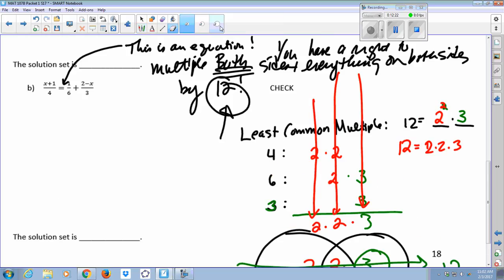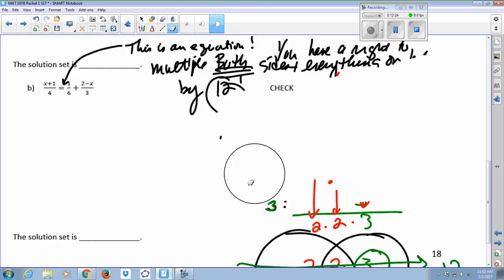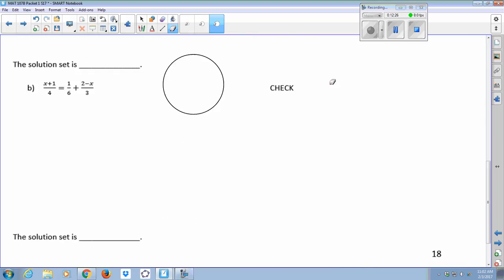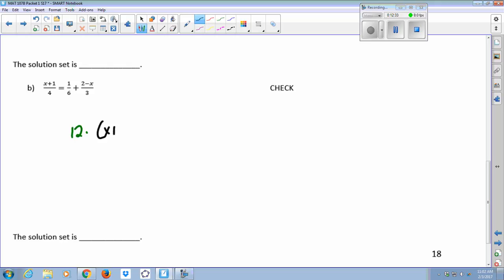What the heck do we do with it? Well, I don't use it to create common denominators. I use it to multiply each side of my equation by that multiple, and that's going to make life very quick. So there's my expression on the left-hand side of my equation. I'm just multiplying it by 12.